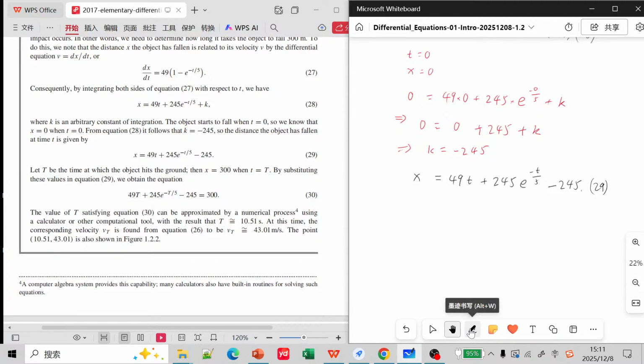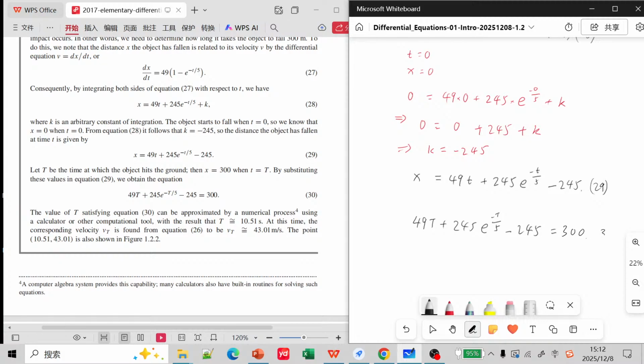So this is 49T plus 245 e to the minus T over 5 minus 245 equals 300.